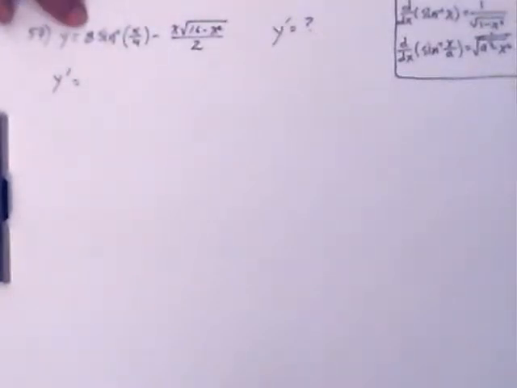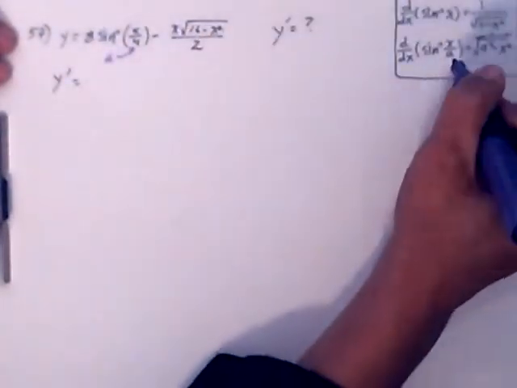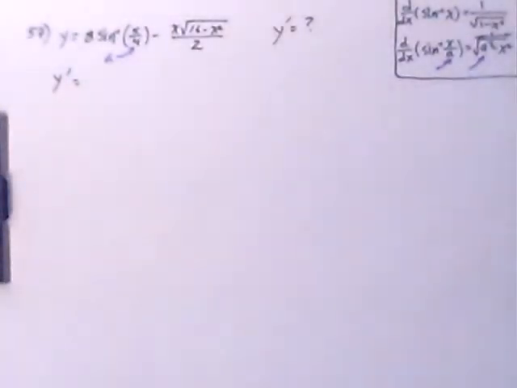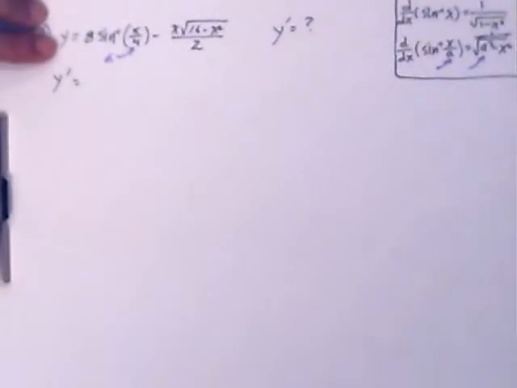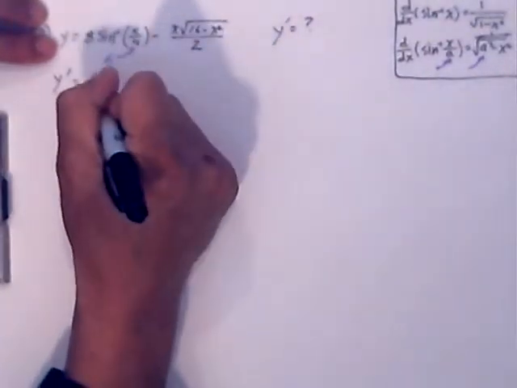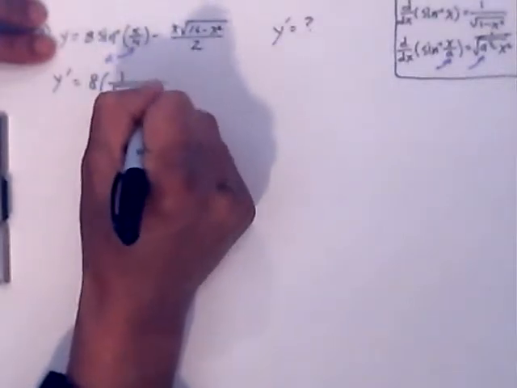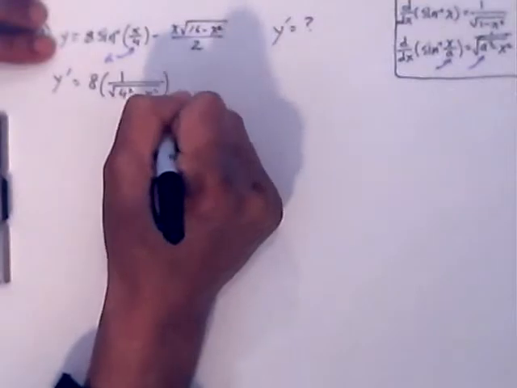There's an 8 there. That's a constant. So it's constant times the derivative of inverse sine of x over 4. I'm going to use purple right here. I'm going to call this our a value, and that's the same a value located right over here. So I end up with 8 times 1 over the square root of 4 squared minus x squared.